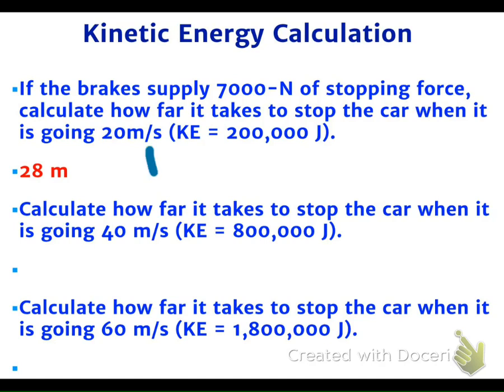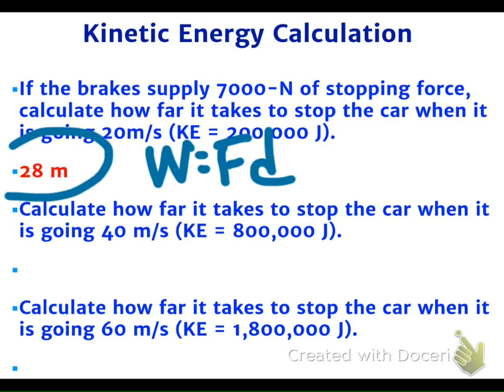Work is equal to force times distance. So this 200,000 joules is equal to the force of 700 newtons times some distance, and that distance happens to be 28 meters. Anyone have questions?